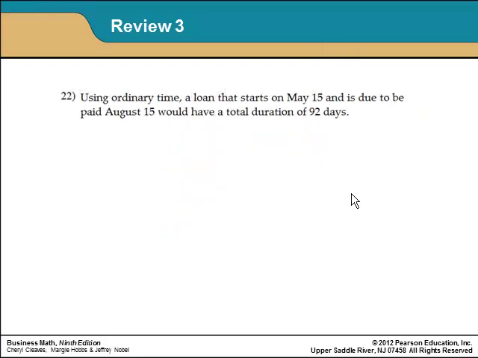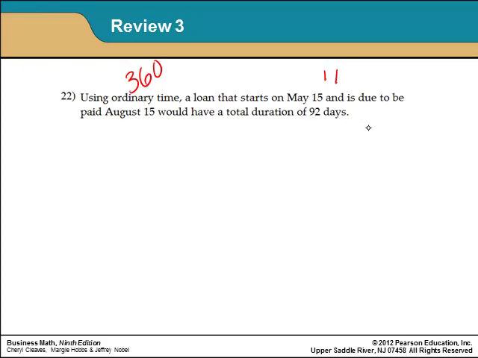Using ordinary time, remember ordinary time is a 360-day year. A loan that starts on May 15th and is due to be paid August 15th. So how many days is it from May 15th to August 15th? Well, May has 31 days, so that's 1 extra day. June has 30. July has 31, so that's another extra day.